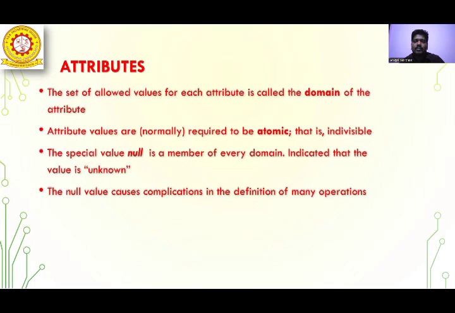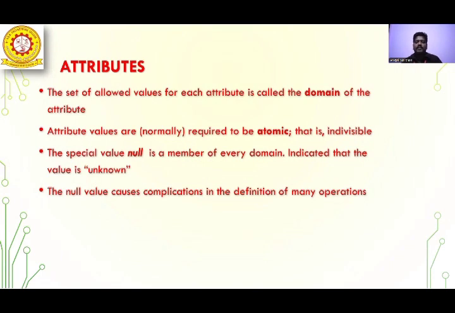Salary is an attribute of the employee or instructor. It comes under the domain of integer. Then name is one of the attributes of the instructor or employee or the student table. It comes under the domain of string. So these are all the attributes. In this, atomic value is defined.